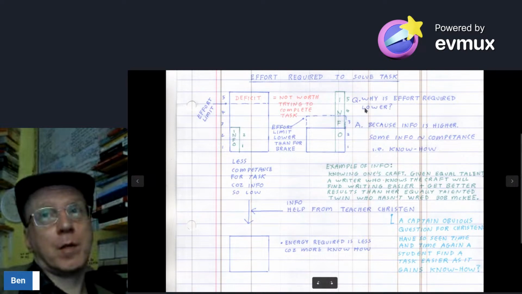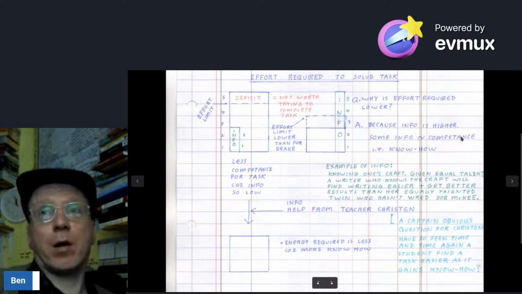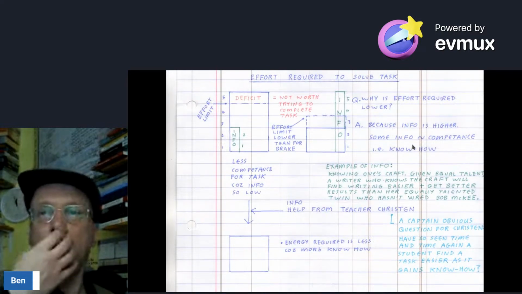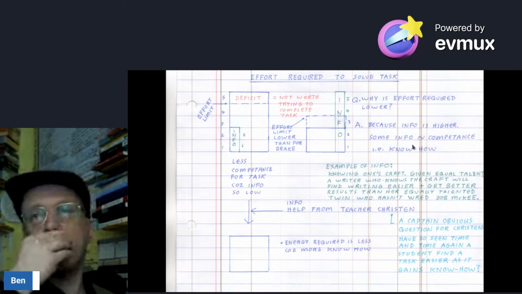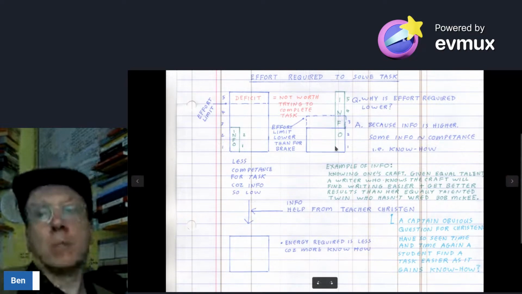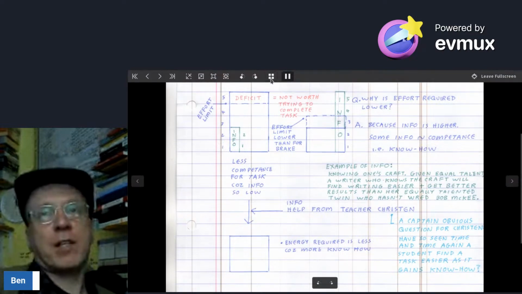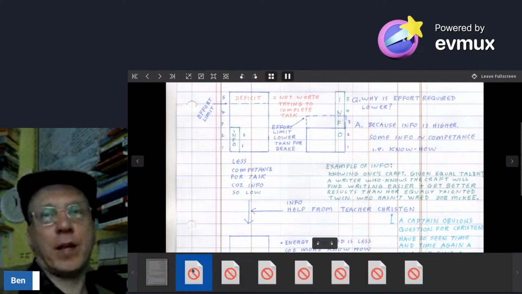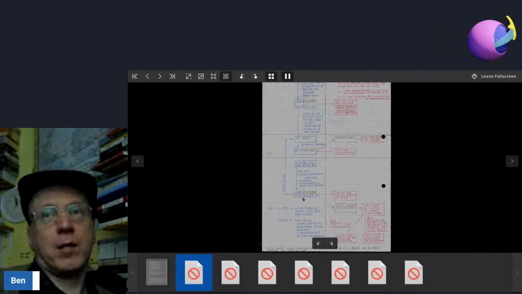Why is effort required lower? Because info is higher. So info about competence, i.e. know-how. So it makes it easier. Having that all planned out makes that easier.